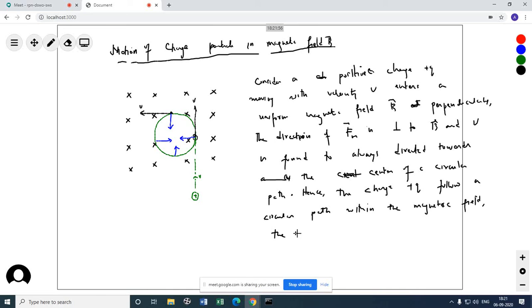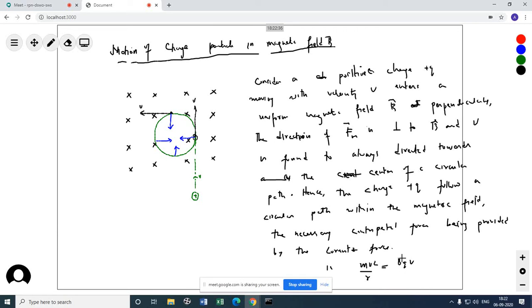The necessary centripetal force is being provided by the Lorentz magnetic force, that is mv square by r, where r is the radius of the circle, is equal to BqV sine theta.